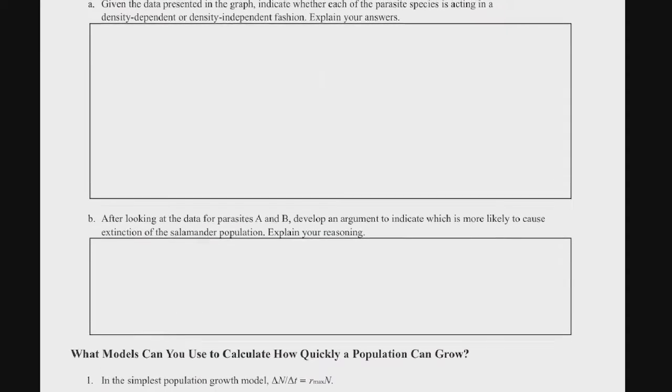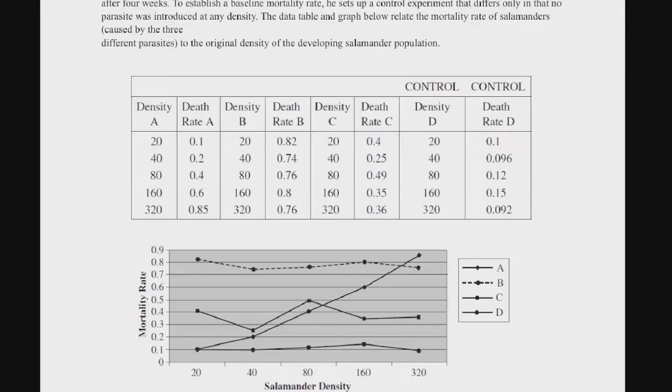So A, given the data presented in the graph, we're going to indicate if it's density dependent or independent. So if we're looking at parasite A, which has the little triangle, we're seeing as density increases, this also increases.